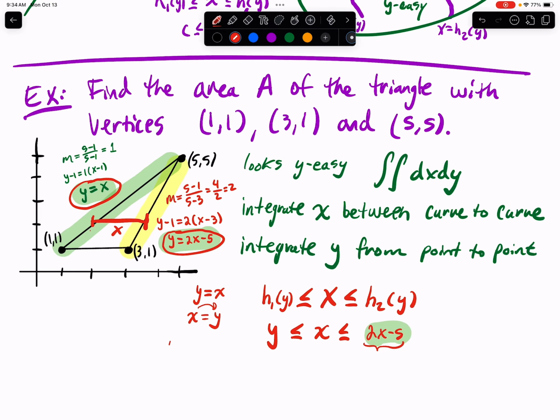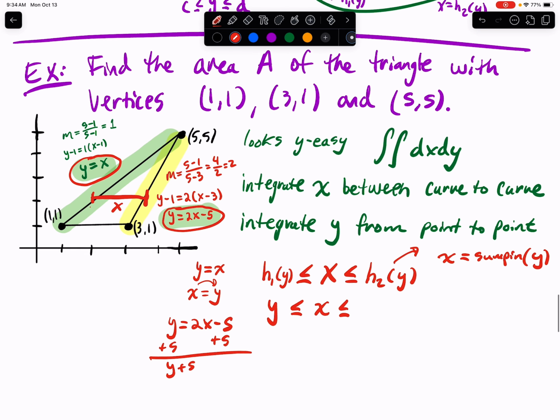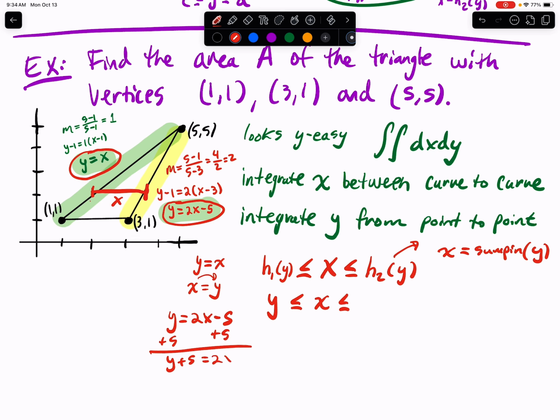Well, I take y equals 2x minus 5 and I solve. Remember, this is x equals something in terms of y. So I need to solve for x here. How am I going to fix this? I'm going to add 5. So I get y plus 5 equals 2x. I'm going to divide by 2.